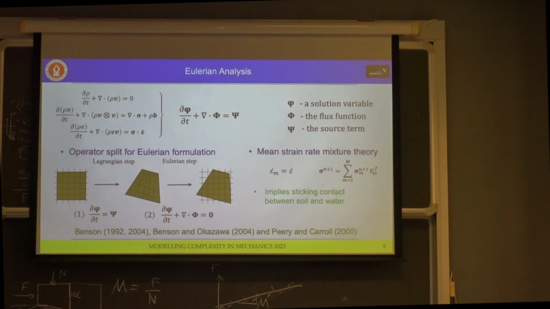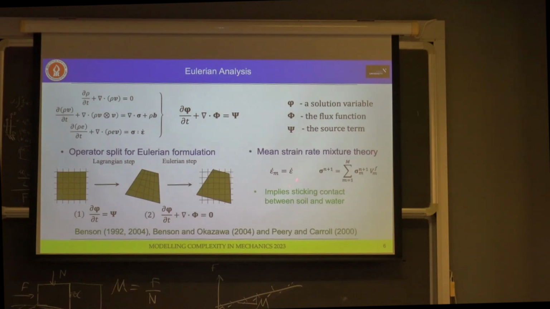In our case, it can be water with soil, or water with air, or soil with air. So it's actually indeed somehow three materials. Now this framework, which is adopted by AMOCS, uses mean strain rate mixture theory.